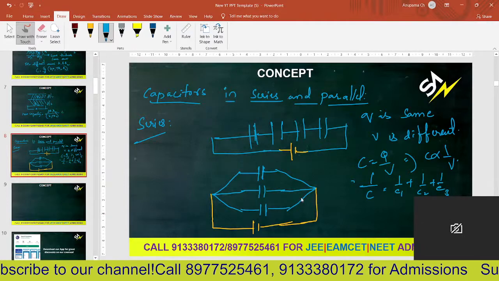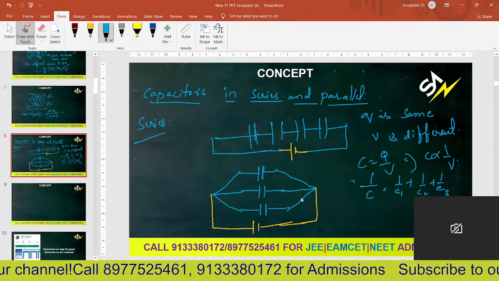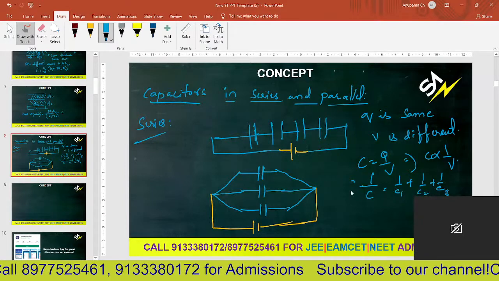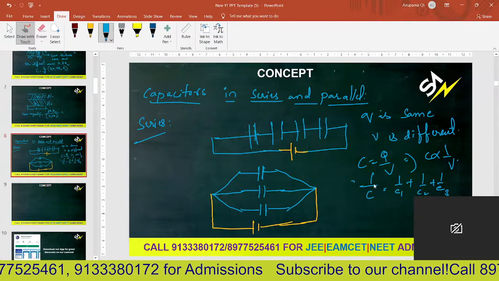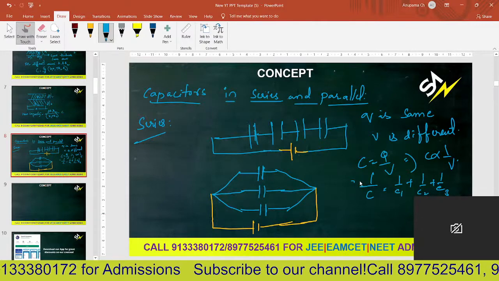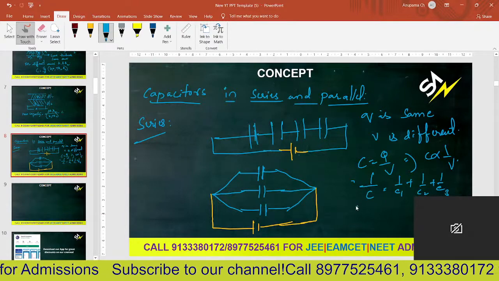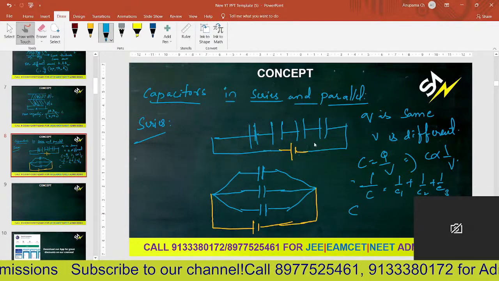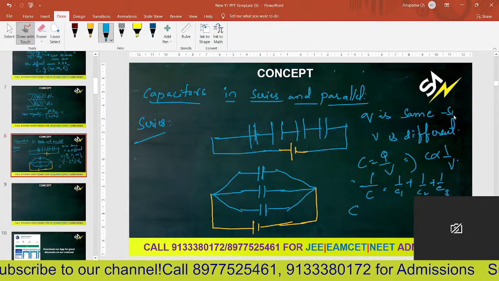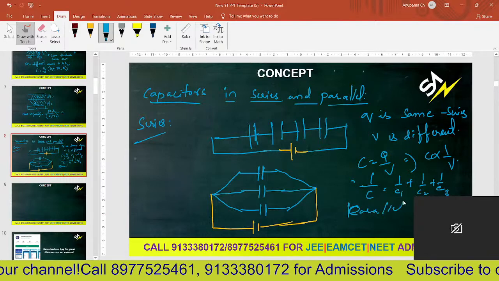And then when you take the parallel connection, yeah, this is the parallel connection. And then if you take the series connection, then you get the capacitance. What will be there in series? Q is the same in series, and in parallel it will be V, right?